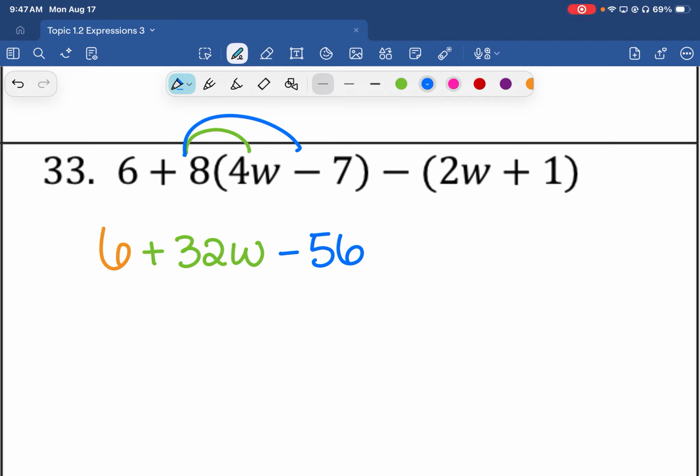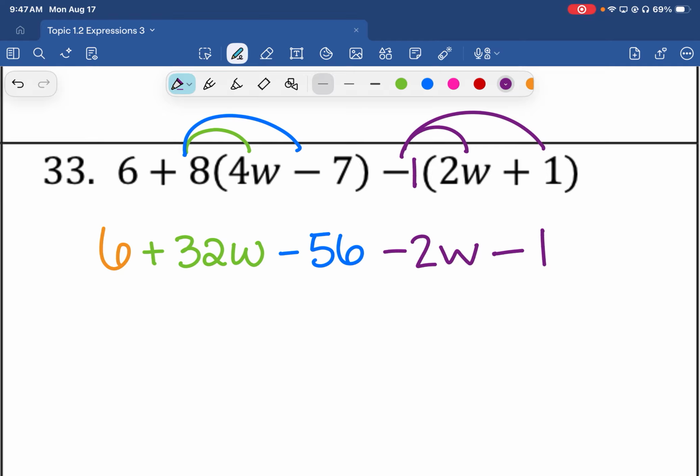Okay, then for the second half of this, we have to distribute that negative. You can also think of it as distributing a negative 1. So what is negative 1 times 2W? What is negative 1 times 1? Negative 1. All right.